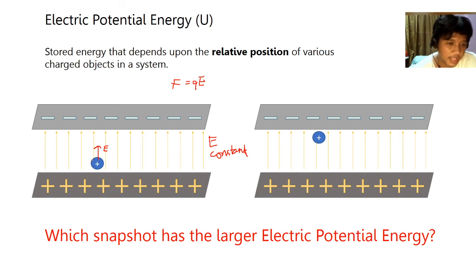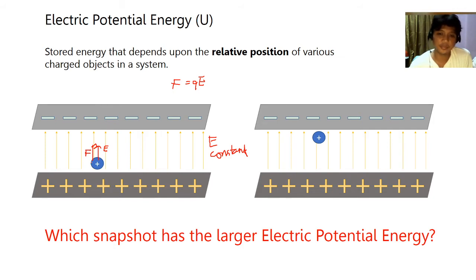So because of the electric field, it will experience an electric force like that. So it's wanting to go to the negative plate.